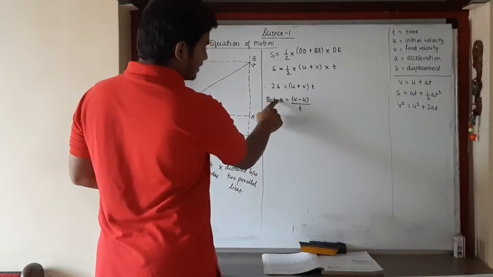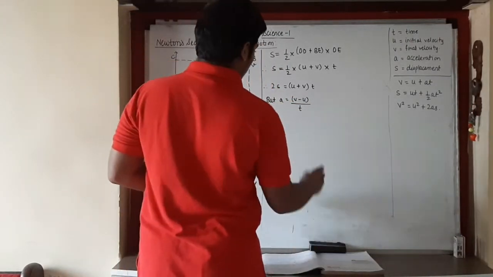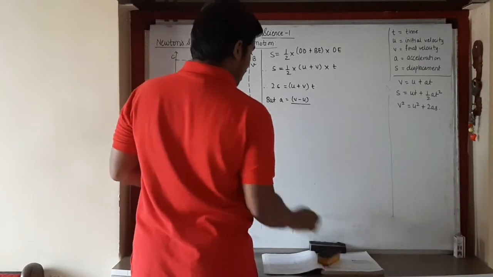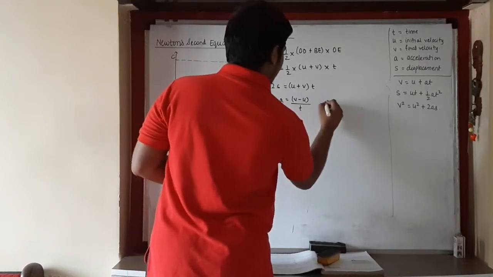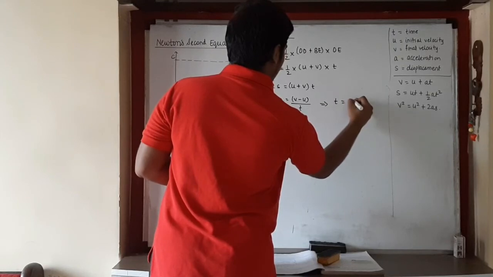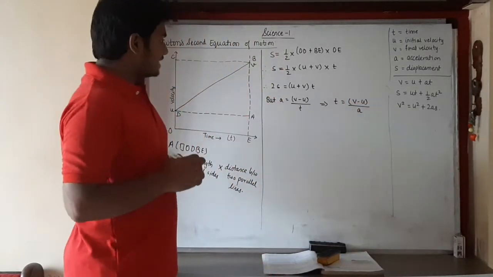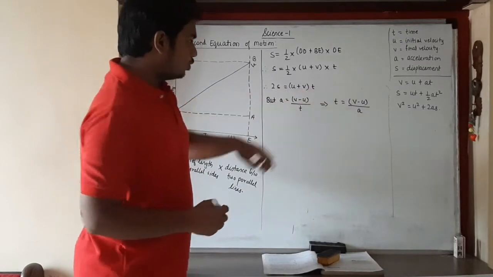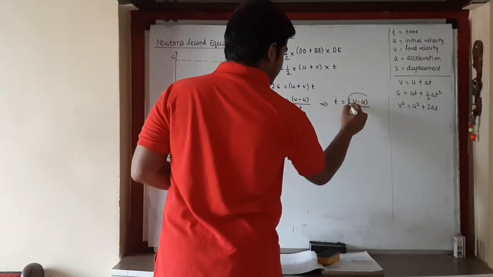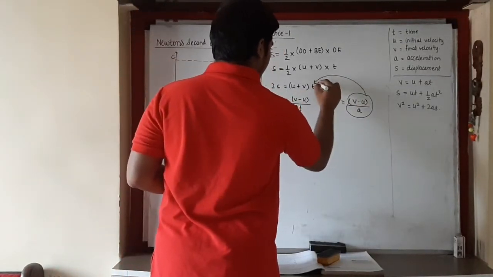Now put time at this side and put acceleration below. What will we get? We'll write it here, which implies time equals v minus u divided by acceleration. Yes or no? So let us substitute this particular expression here.